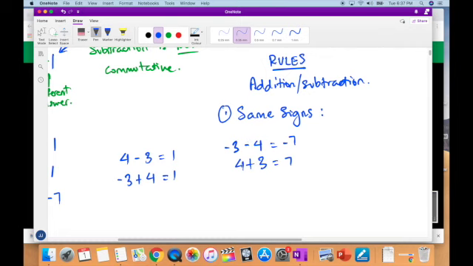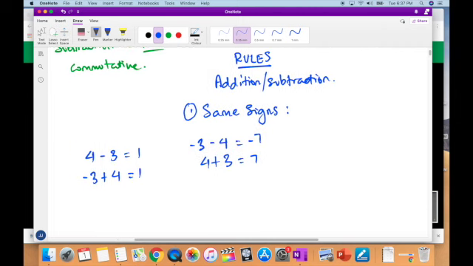In this case, we have +3, +4, they both have the same signs. So when you have the same signs, what do you do? Add. So you add 3 and 4 is 7, 3 and 4 is 7. And what else? Keep the sign. Whatever sign it was, you keep the sign.